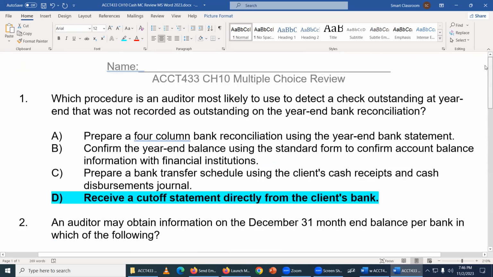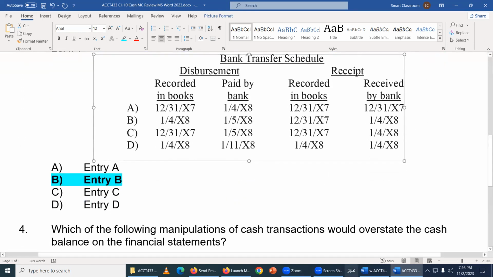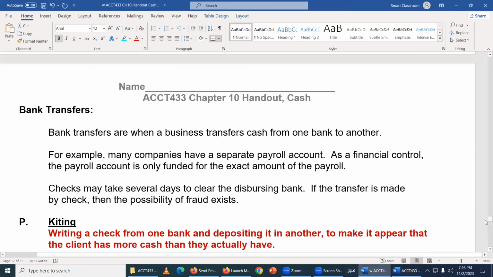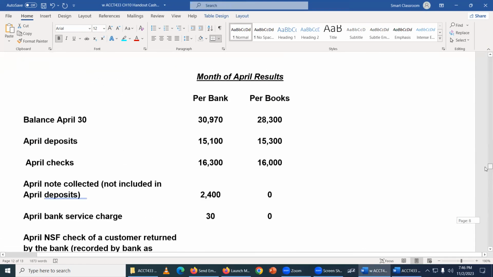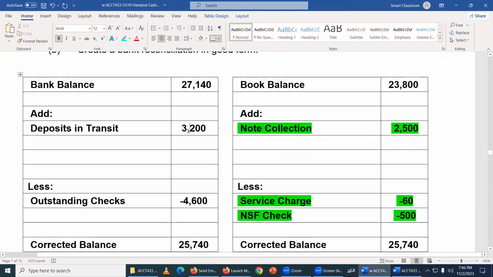Well, okay, let's go to the, oh wait, I don't have the bank, what am I doing? I thought I'd go up in the bank reconciliation. Let's go to the bank reconciliation here. If we understated the deposit in transit, that would make this actually lower.